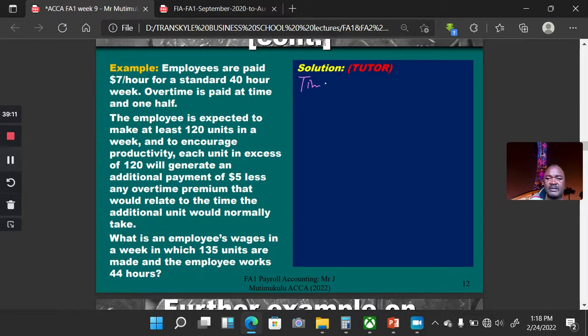Time per unit is given by 40 hours divided by 100 units. That's the standard time. Okay, 100 units. Right, so this gives us a third.